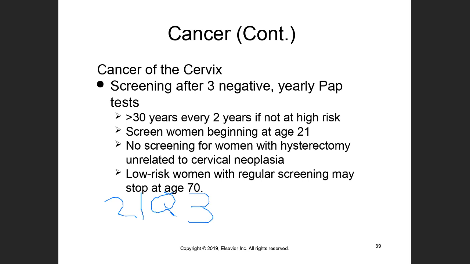After 30 years, you could combine the Pap smear with human papilloma virus DNA testing, and you do it every 5 years until 65 years old. That's the screening for that neoplasia.